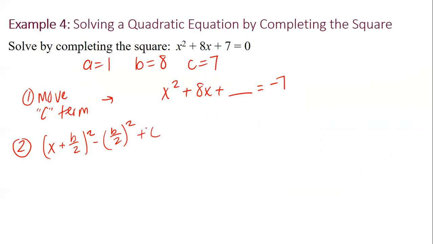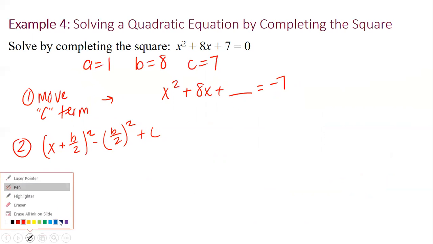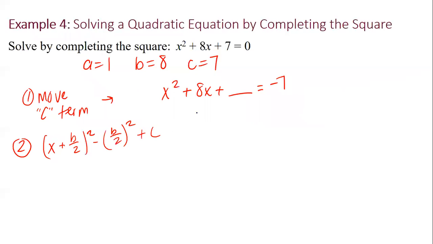Okay, the formula is letting you know that you're going to bring your c back over. I like to move the c and then bring it back just because it's a distraction for the most part. It really doesn't matter, in all honesty. So this is your b. The first part says x plus b divided by 2. So we have x plus 8 divided by 2 squared minus 8 divided by 2 squared.